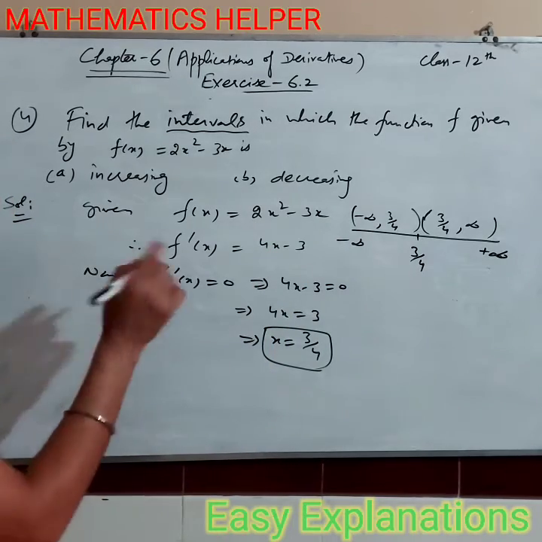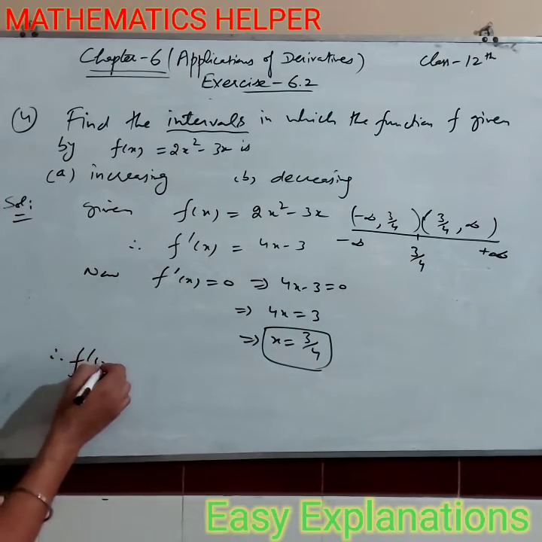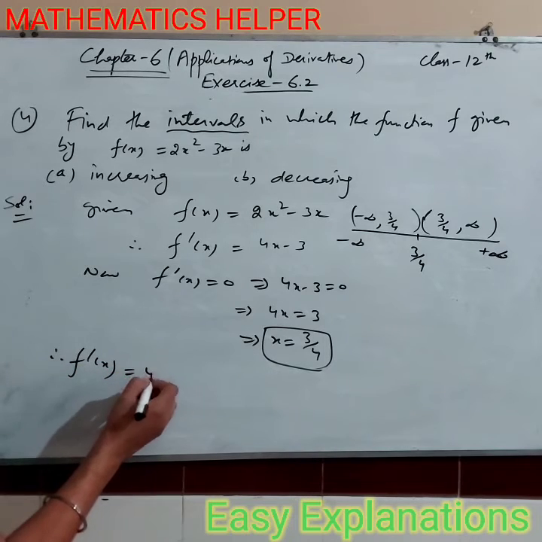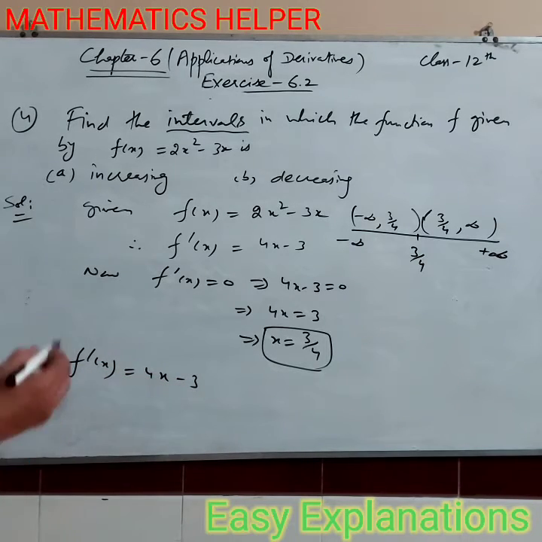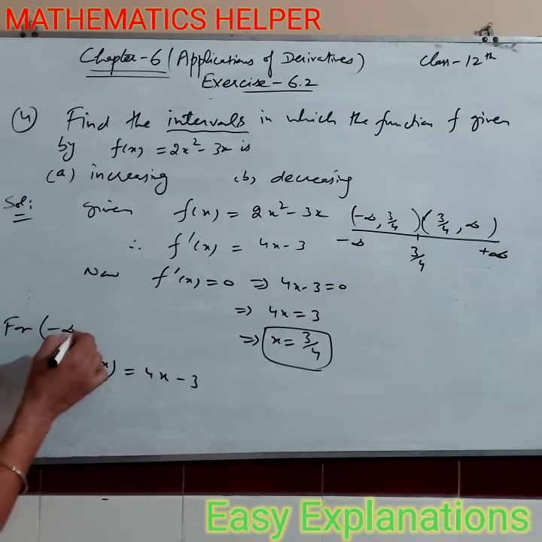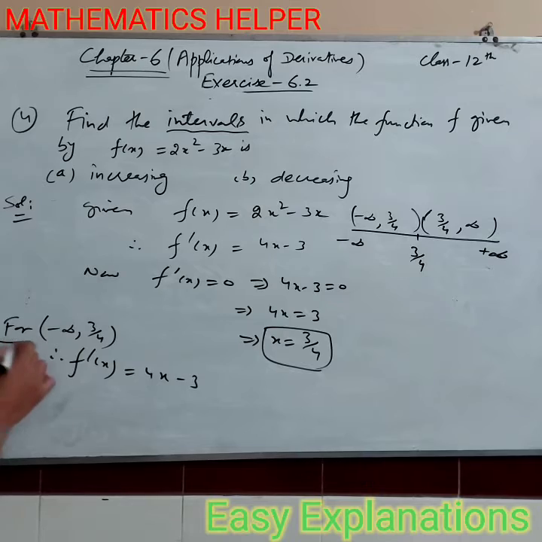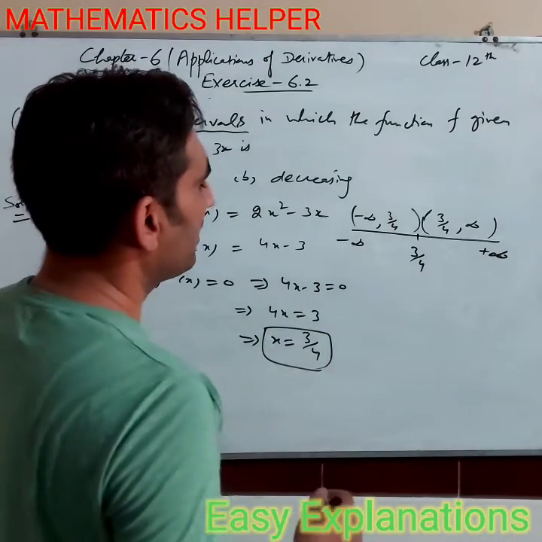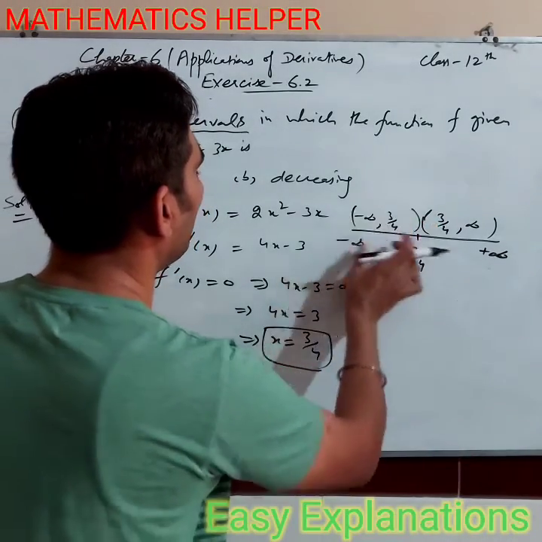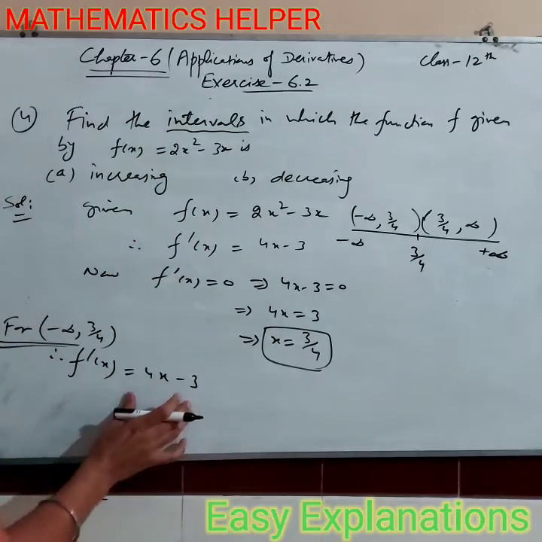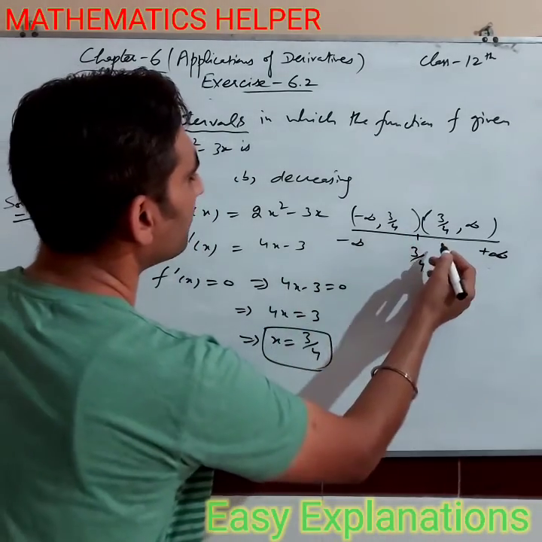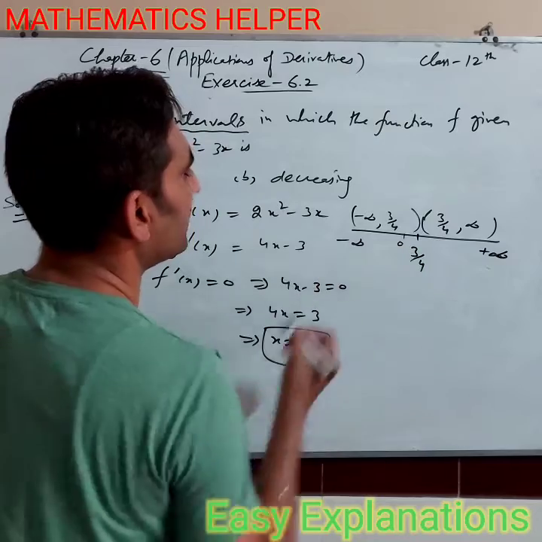So the very first thing you have to check is the derivative, which is 4x minus 3. This derivative for the very first interval, which is from minus infinity to 3 over 4, what kind of answer will it show? You can check any point. Up to 3 over 4, there will be 0 also on this side.